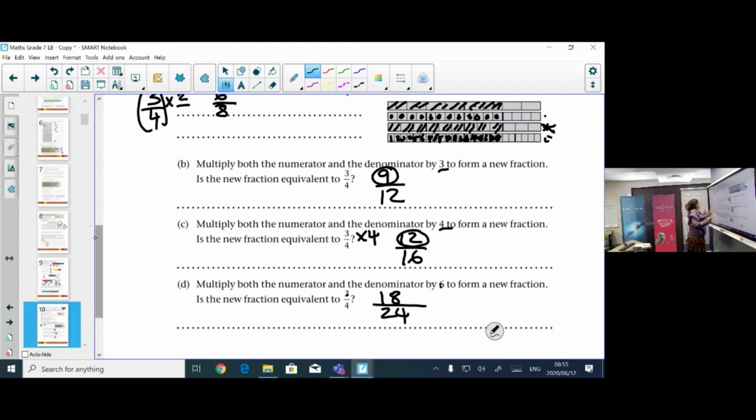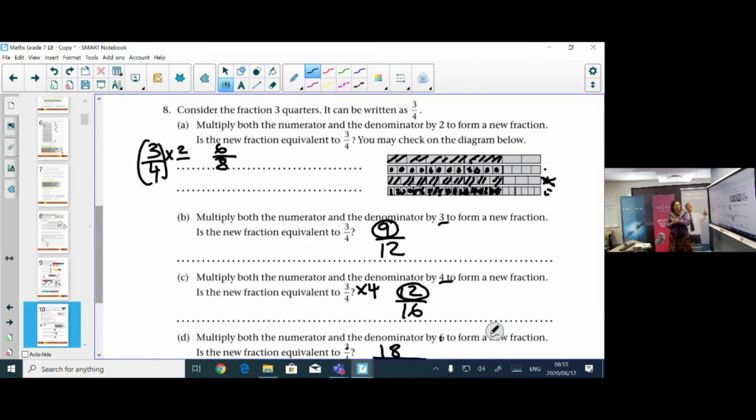Voila. Now check my pictures. This is the same bar giving us 1 unit, but this is my end. This was my start. You can see that all of them are starting at the same point and ending at the same point, meaning that these are the same, they're equivalent.